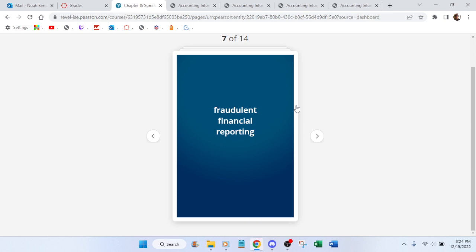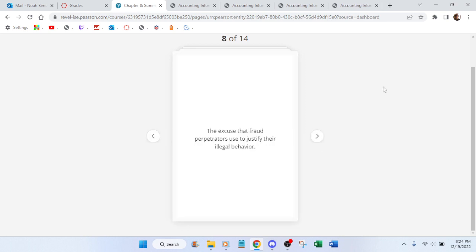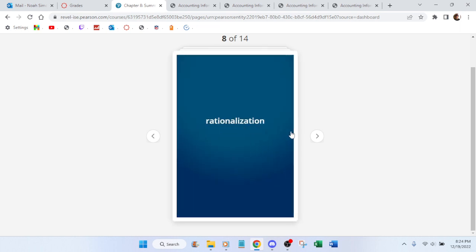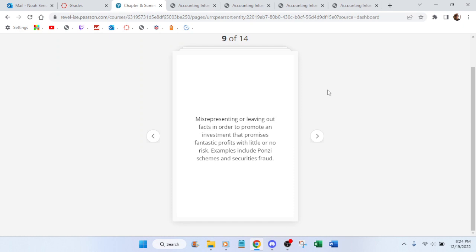No, it's fraudulent financial reporting. The excuse that fraud perpetrators use to justify their illegal behavior: rationalization.